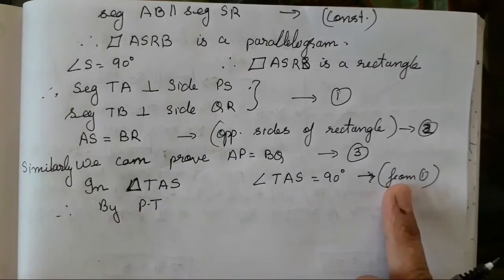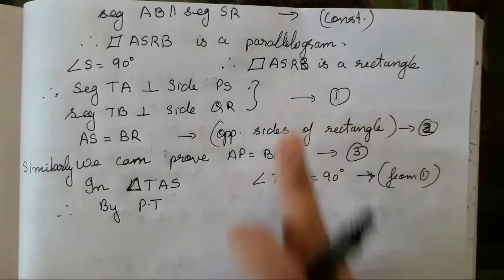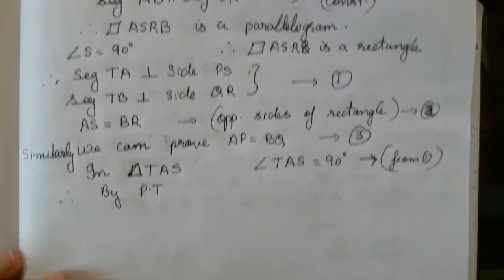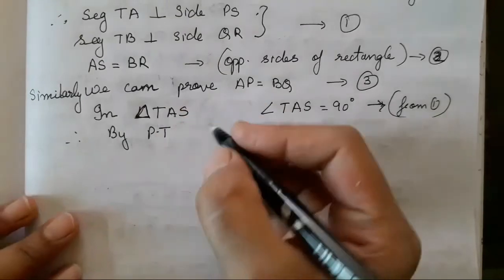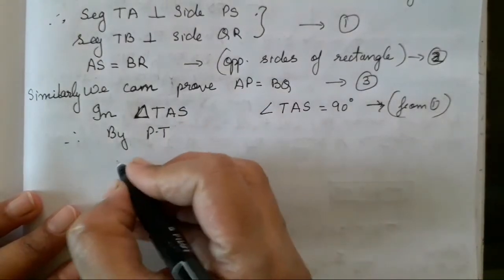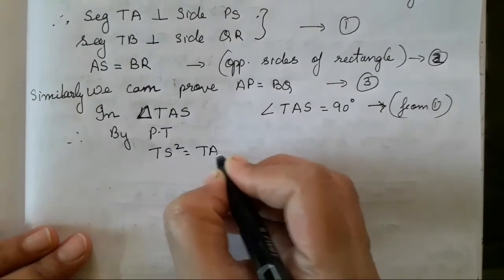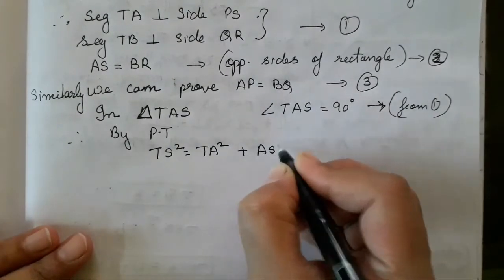So it becomes very convenient to directly write from first, second, third. So by PT theorem, TS square is equal to TA square plus AS square.